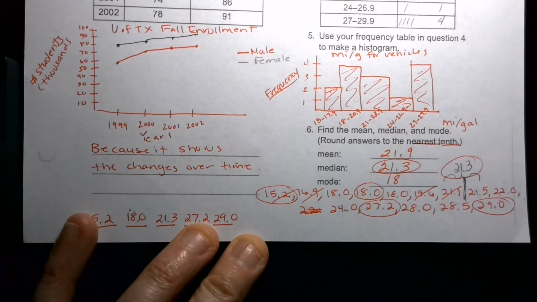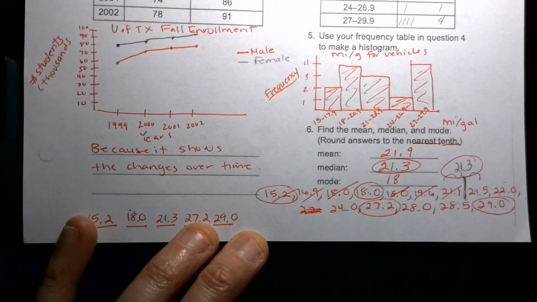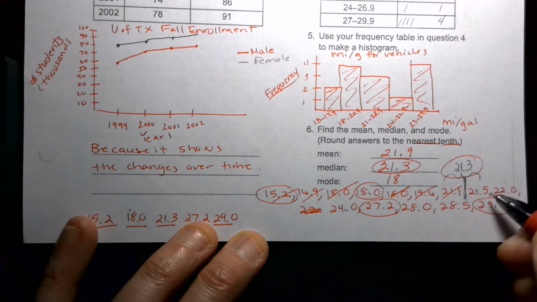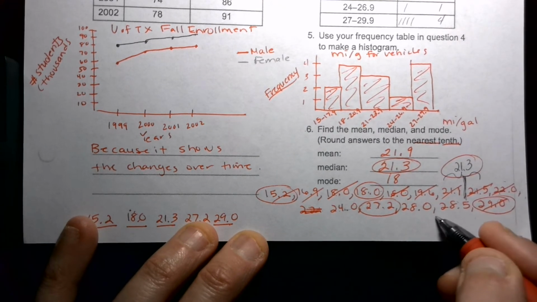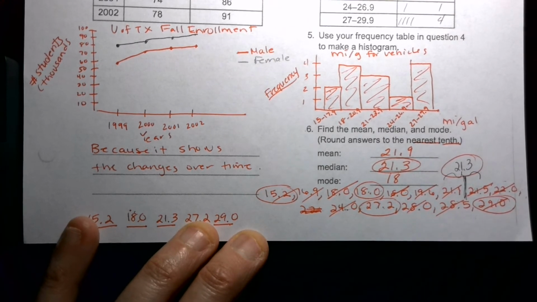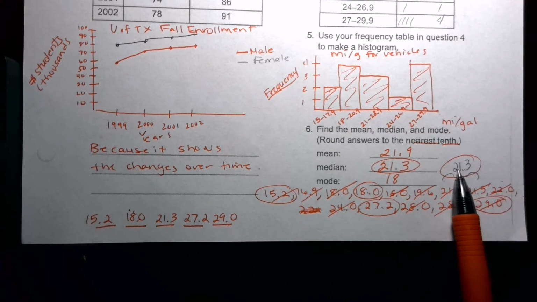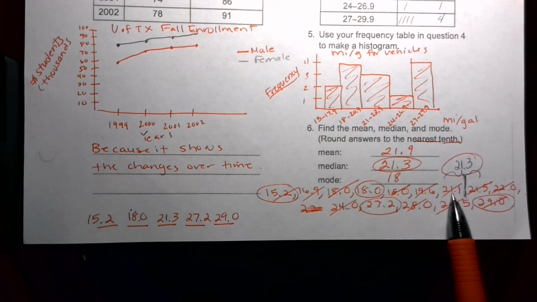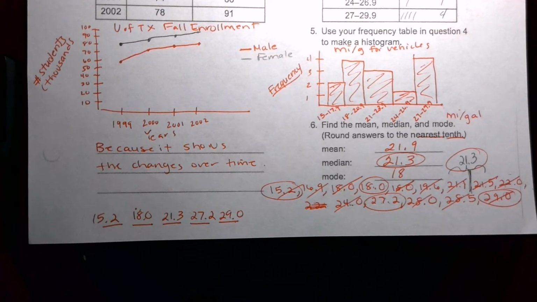Cross them off in pairs, boom, boom, gone. And we're left with that one. Same thing here. Boom, boom, gone. And we're left with 27.2. Now, if this one was actually one of the numbers, you would have started with that number because you have to start counting in with one of the numbers.